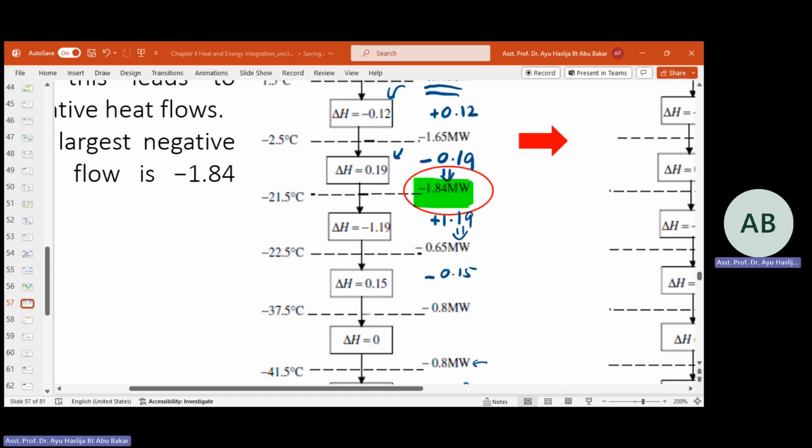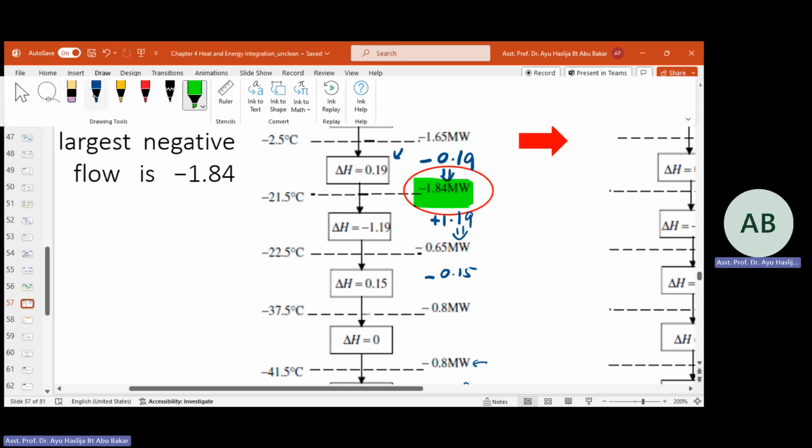Okay, this is the highest number for negative value. Maybe my statement confused you.